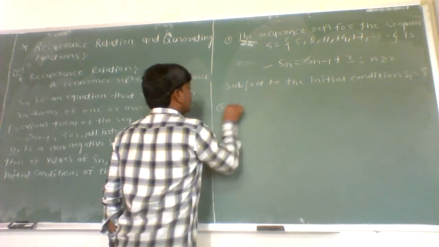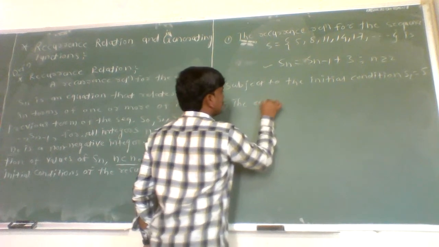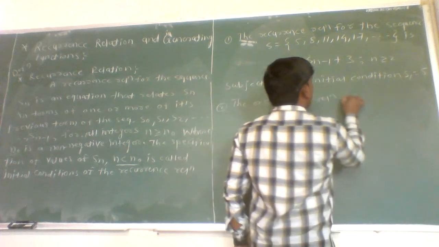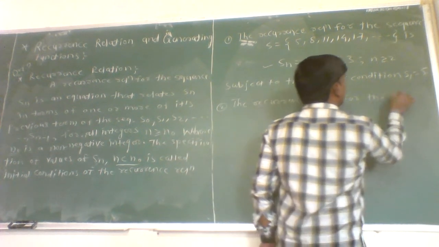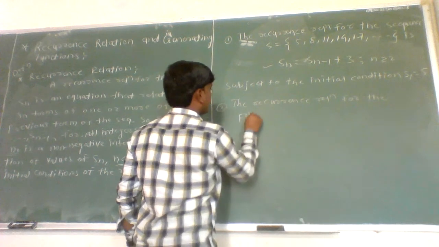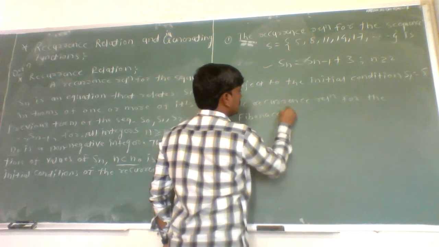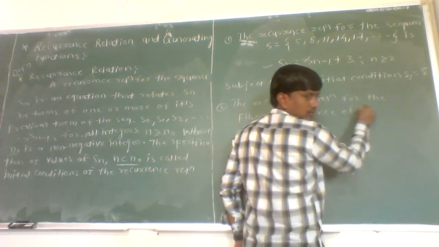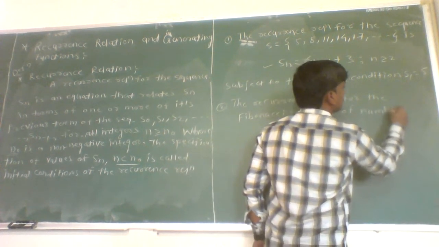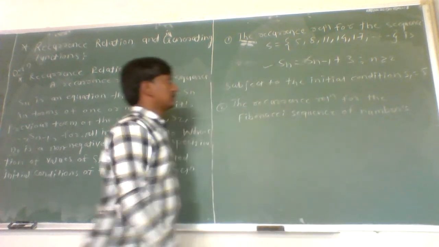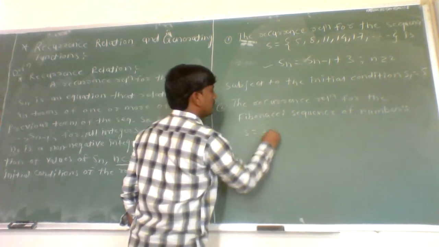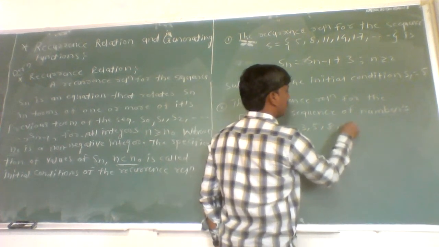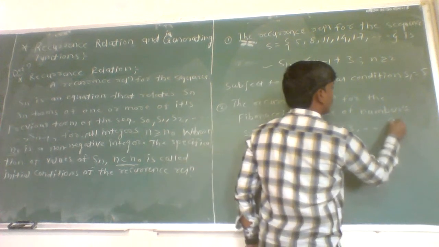Similarly, the recurrence relation for the Fibonacci sequence of numbers, S equal to 1, 1, 2, 3, 5, 8, 13 and so on.